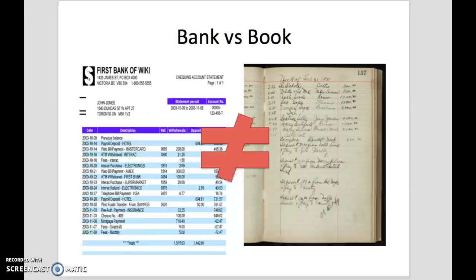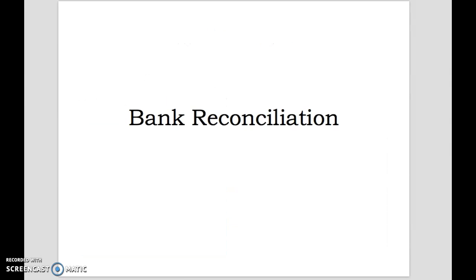And given that, comparing the bank statement and your own recording of your transactions, you may see that the cash that you have in the bank is not equal to the cash that you have on record in your notebook. So usually they are unequal. Now, this is where bank reconciliation comes in.